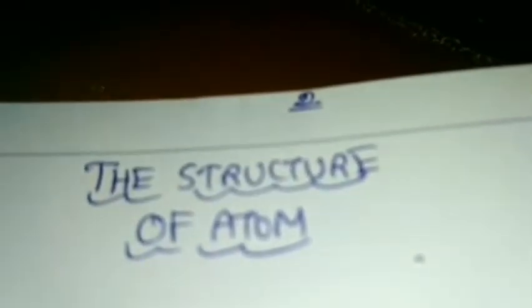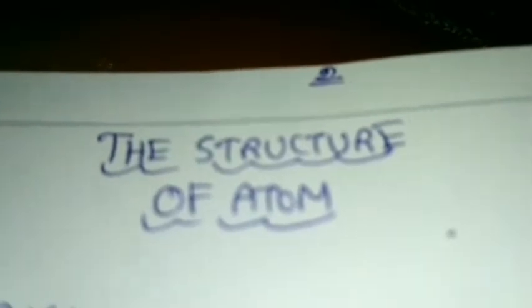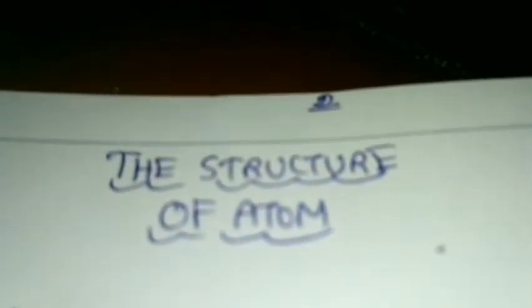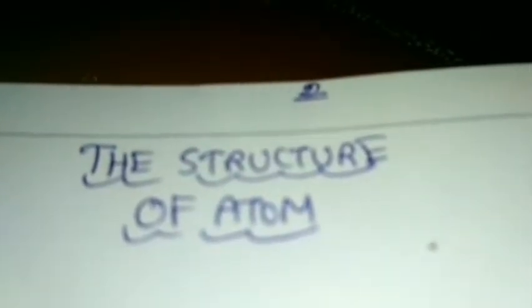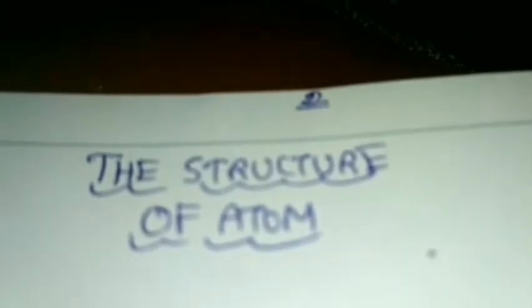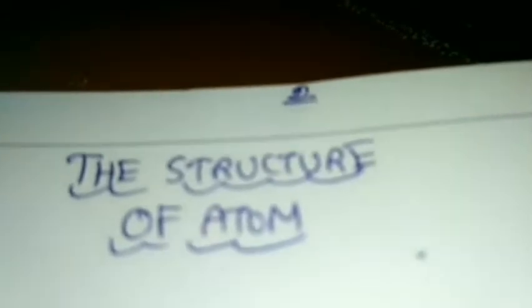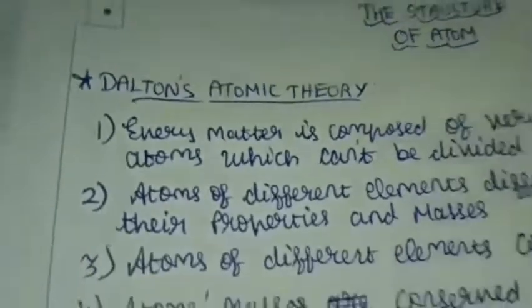You can keep this as the very basics of quantum mechanics. The words are fancy looking, but trust me, guys, all are simple if you go into depth at the starting itself. If you have any doubts, you can ask in the comment section below, and I will answer. Now we'll take Dalton's atomic theory.